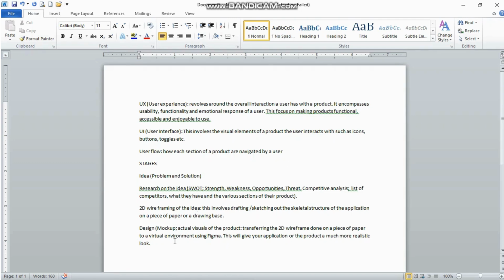After the design stage, you move to the last stage, which is the creation and deployment of the idea. We've designed the product. Now let us bring it to life. Let's make it work.